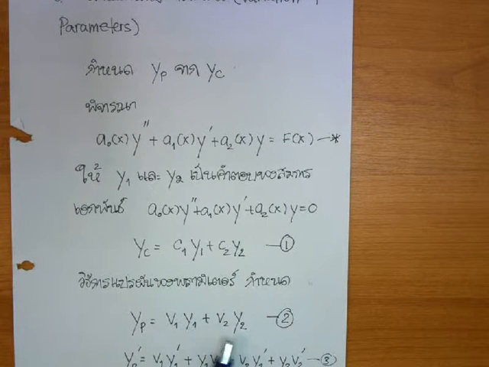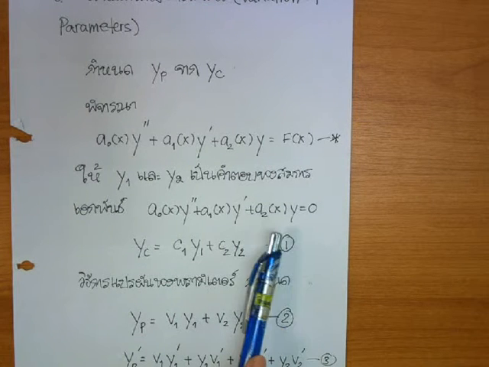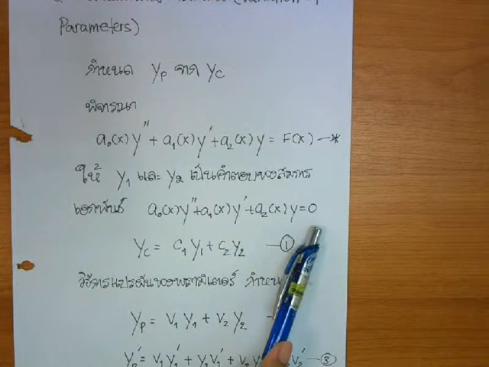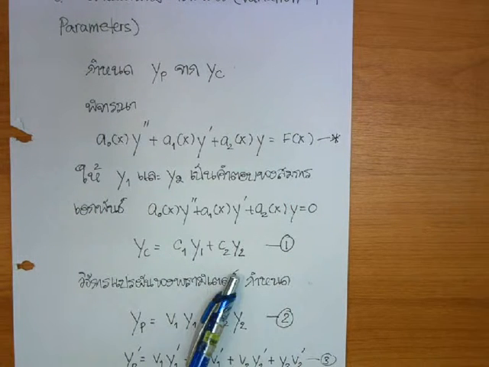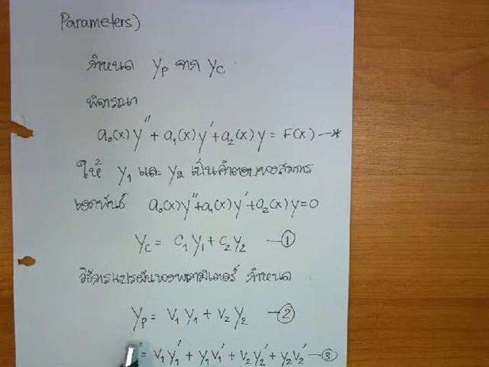We find y1 and y2 from our homogeneous differential equation, which is that we set our differential equation equal to 0 to find yc, so that we get y1 and y2. For yp, we have to find v1 and v2. v1 and v2 have to be functions of x, or they can be constants, it depends.